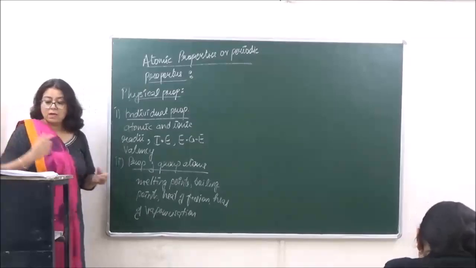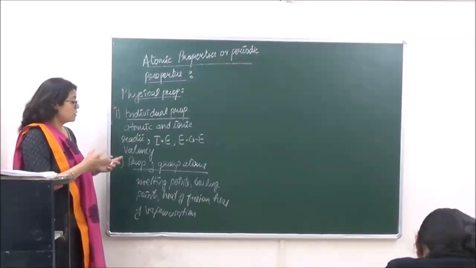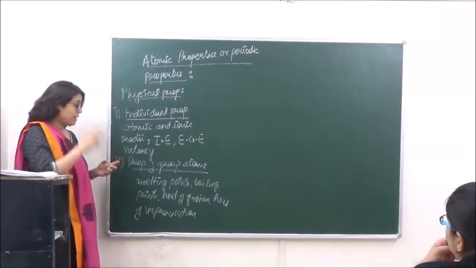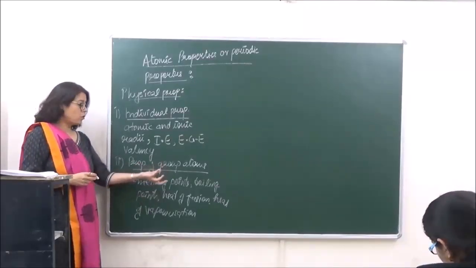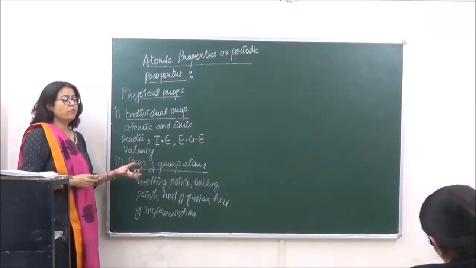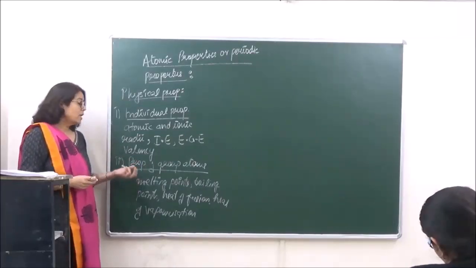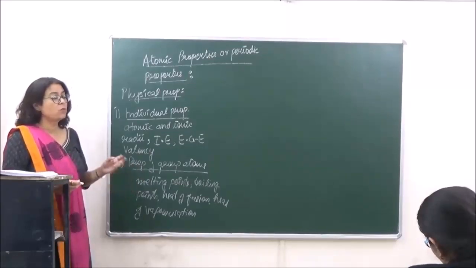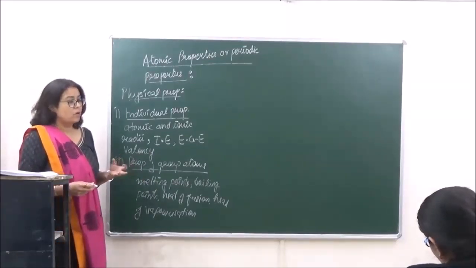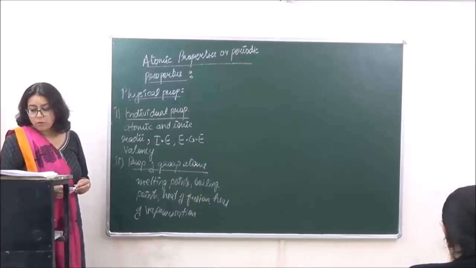When we are taking a lot of compounds, or a group of atoms together, then these are the properties of group atoms. Like when we are talking of boiling point we are going to talk of water, right? If we're talking of melting point, again melting point is that of water. So water is a group of atoms. Okay, so these are the two types of properties.